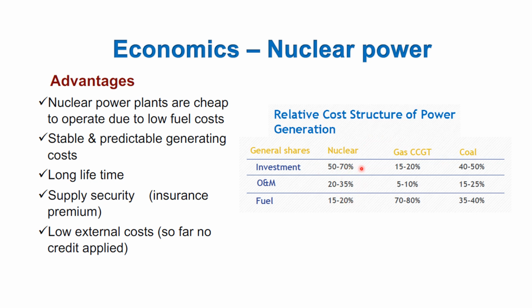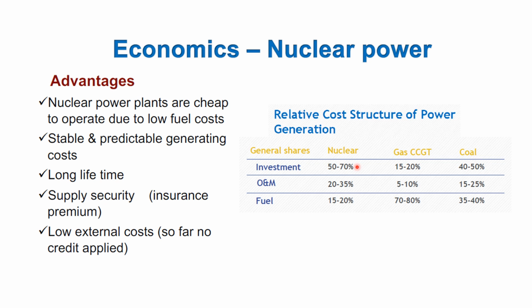For investment, if you're going to compare nuclear, gas, and coal, you really need more investment when it comes to nuclear as compared to coal or gas. It's because establishing a nuclear power plant will take at least 10 years. You need to pay a lot of consultants, and the construction of the plant itself will take long years.